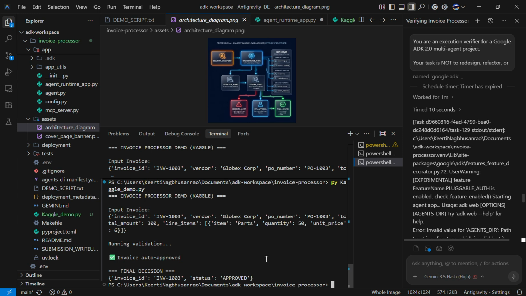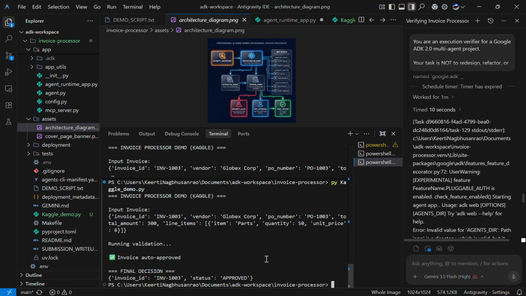Then comes scenario two, where we have a mismatch. I submit an invoice referencing PO number 1003 with an incorrect unit price. The verifier detects the discrepancy and routes the workflow to human approval, pausing execution until a reviewer responds.